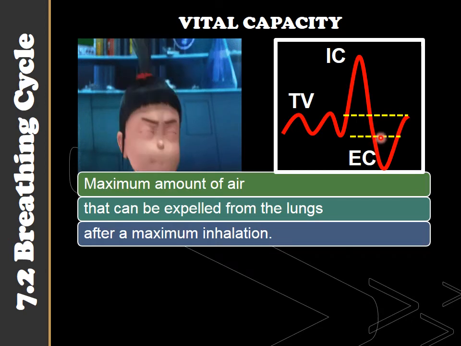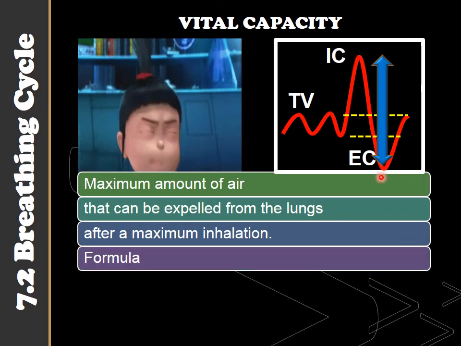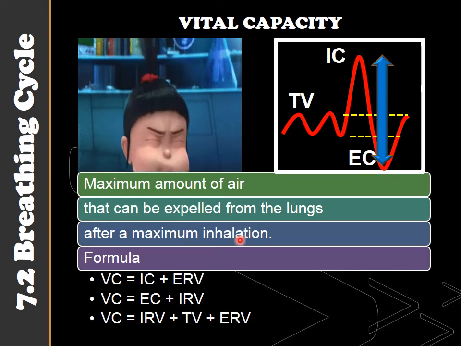Okay, so the vital capacity, as I mentioned, is from the top peak to the bottom. As a formula, we have a number of formulas. Vital capacity can be inspiratory capacity, until the bottom yellow line, plus the expiratory reserve volume.